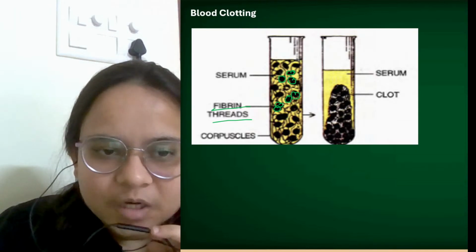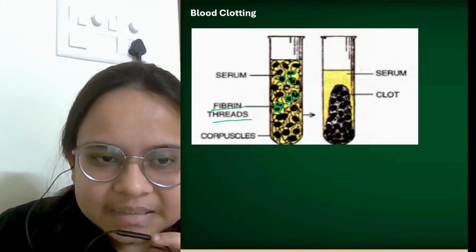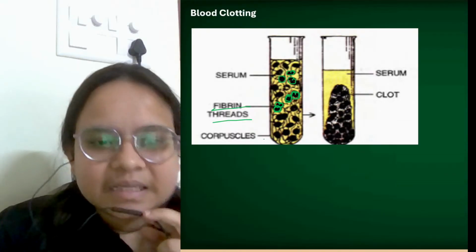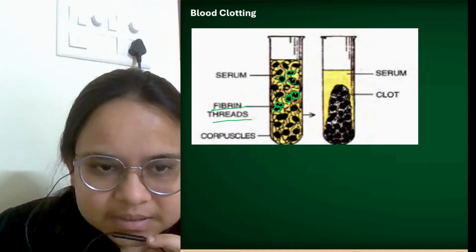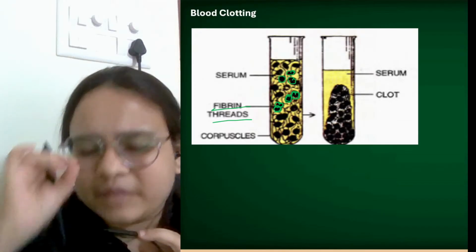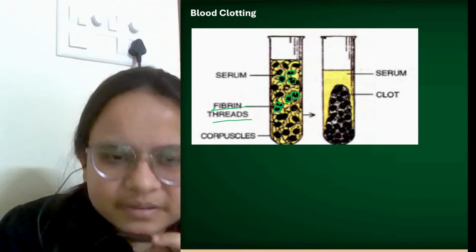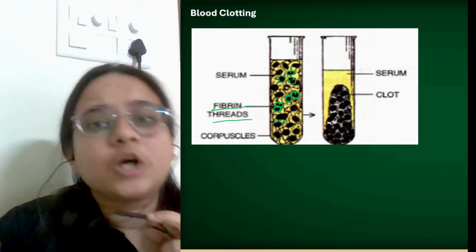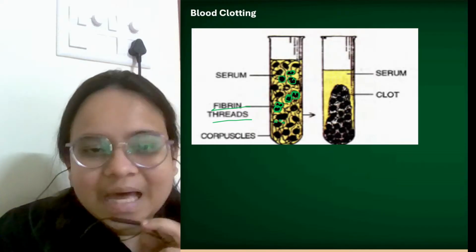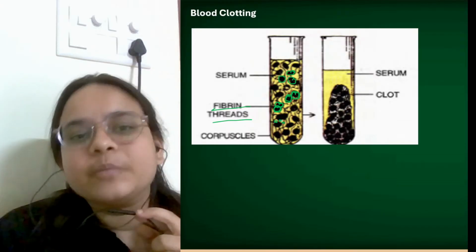These are actually the fibrin threads. And these are the corpuscles. The threads and the corpuscles are not very prominent in this picture, but there are a few small corpuscles, like RBCs, WBCs, and platelets, trapped inside these fibrin threads.